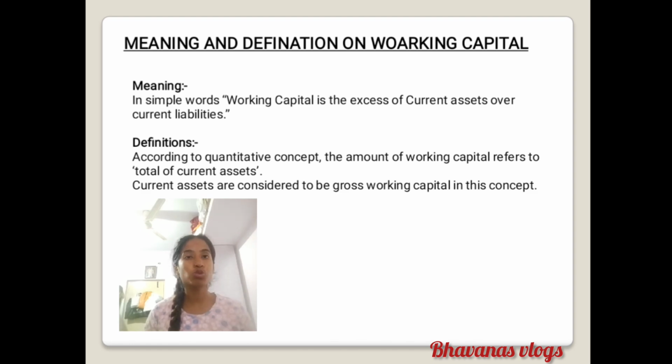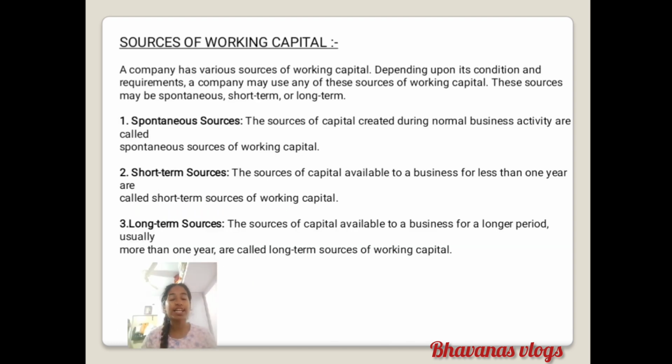Now, let's move to my main topic, that is sources of working capital. A company has various sources of working capital depending upon the individual company. According to their conditions and requirements, the company will use working capital.